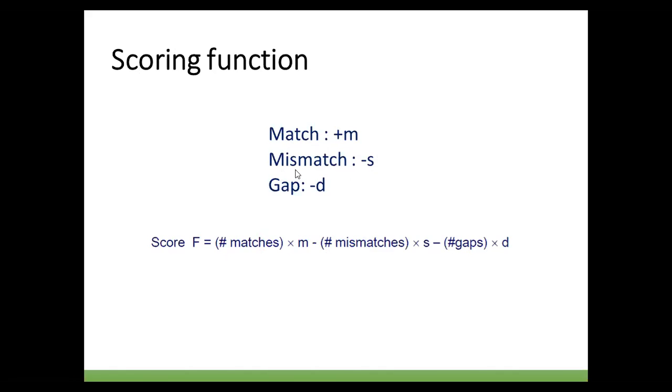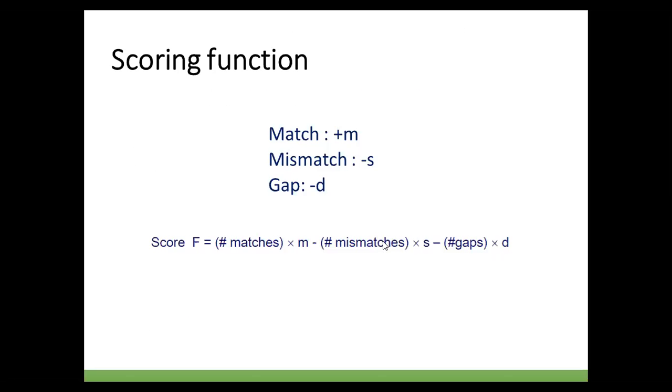Okay, so the scoring function is: score f equals number of matches multiplied by m, minus number of mismatches multiplied by s, minus number of gaps multiplied by d. The negative sign comes from the scoring value being negative. d is the gap score.